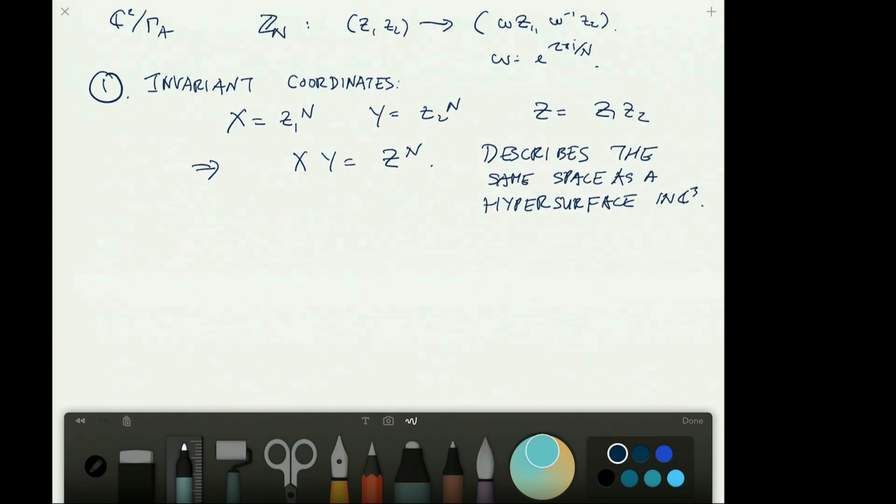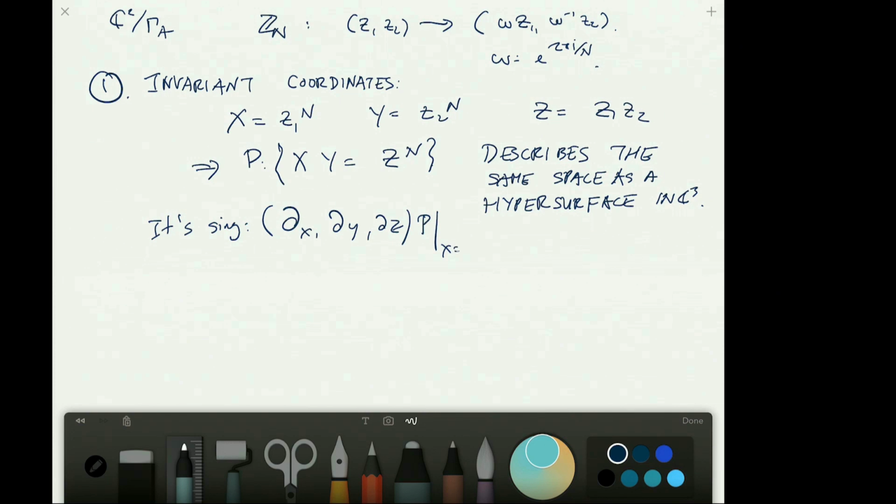Okay, so why is it singular? We call this P, and then we take the derivatives, dx, dy, dz of P, and we put it at x equals y equals z equals 0, they vanish, as long as n is larger than or equal to 2.